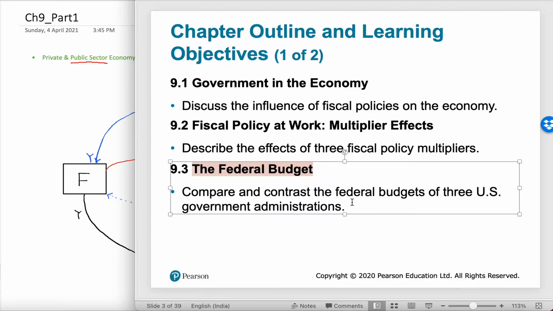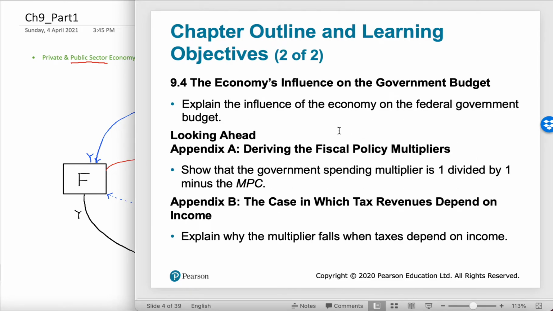We're not comparing and contrasting different government administrations in the United States. We just explain what would be possible for the budget to be in surplus or in deficit in a general sense.